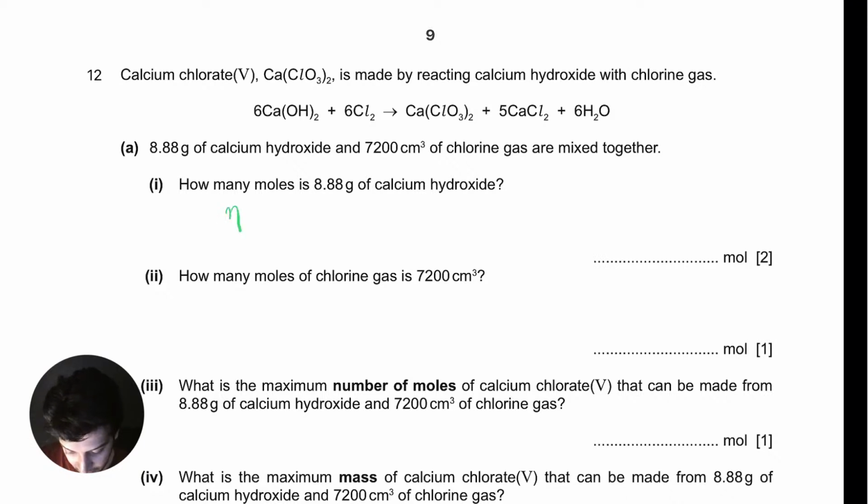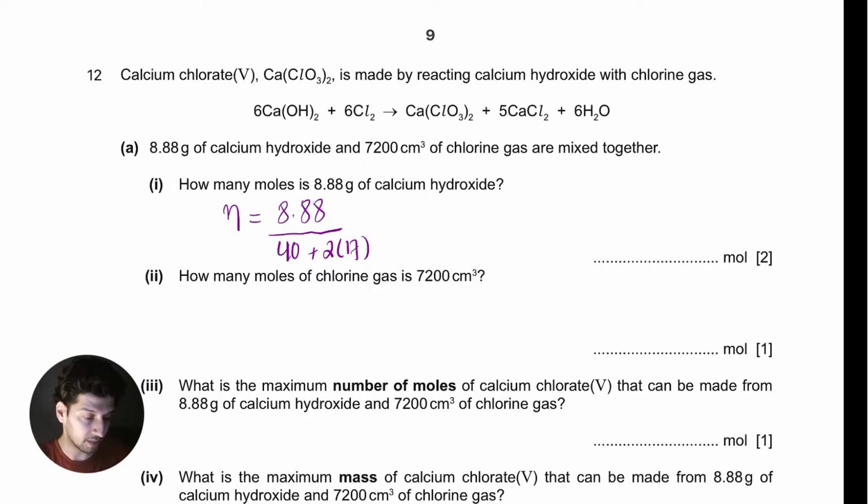The moles are 8.88 divided by the Mr of calcium hydroxide. Calcium is 40 plus 2 times 17, because a hydroxide is 17.